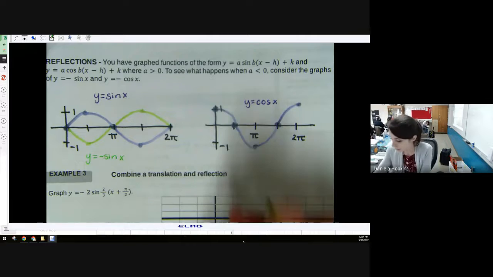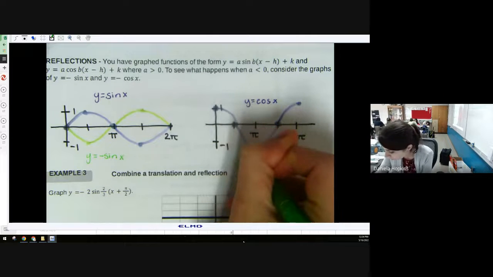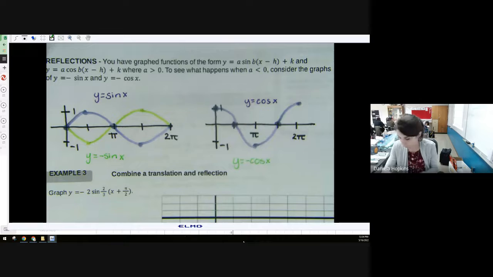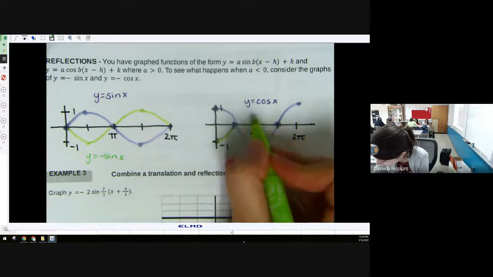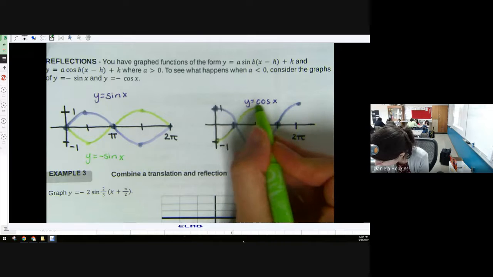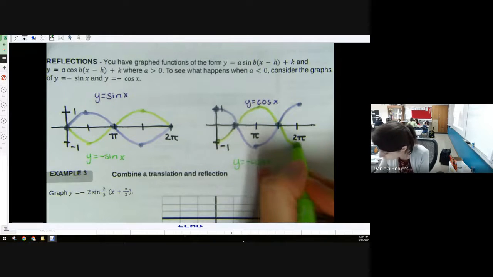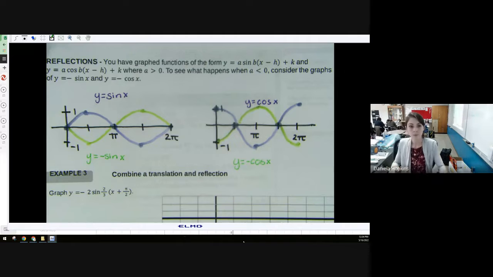So if I just made this a negative, this would just switch. So I can give you all the fancy definitions in the world, but I think this picture says enough. That's what we're doing for negative and positive, or the reflection over our x-axis.